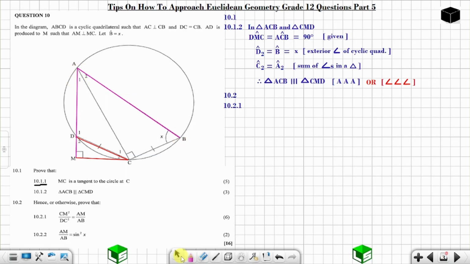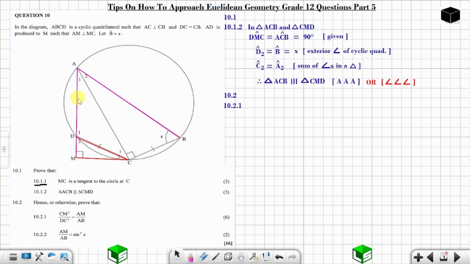Okay, so we have to work in two triangles first, in this triangle and this triangle, and then after that we are going to work in two triangles again, this triangle and this triangle. So for now we need to work in triangle CMD and triangle ACB.